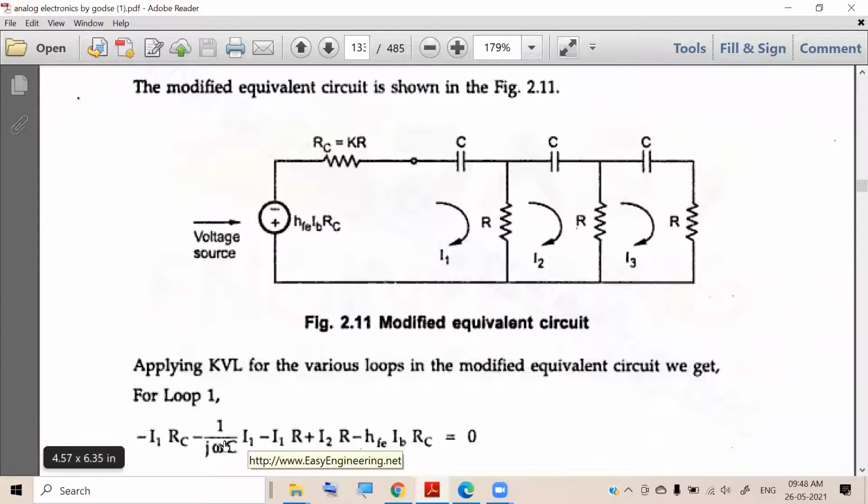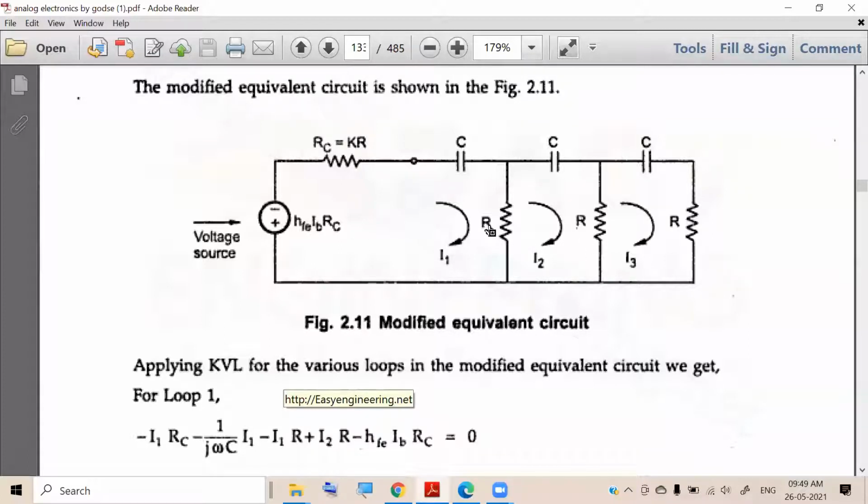Then again the leaving terminal here is minus, so minus I1 into R. But here, if you observe, in the first loop I1 is flowing, in the second loop I2 is flowing.